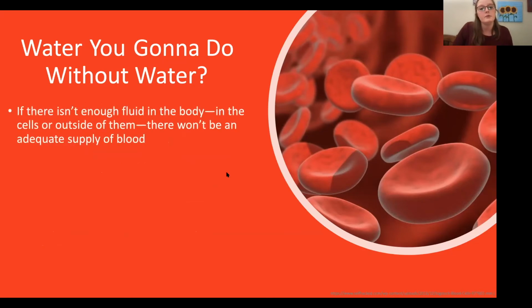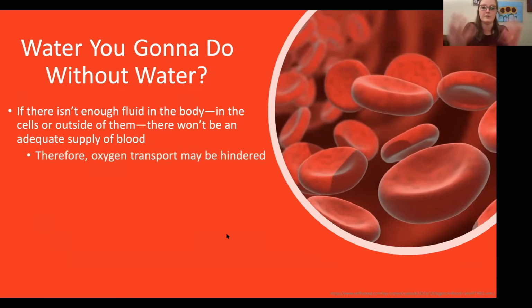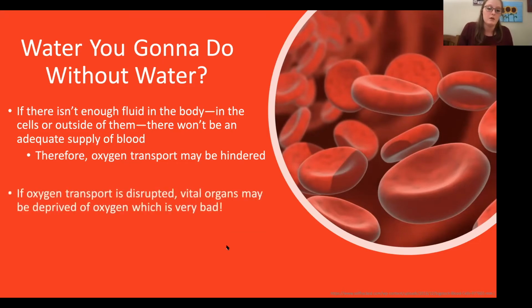So if there isn't enough fluid in the body or in the cells or outside of the cells, so in the red blood cells or in the extracellular fluid, there won't be an adequate supply of blood, because blood is made up of the fluid around the red blood cells and the red blood cells. And so, like I said, if that occurs, then you might not be able to carry oxygen to as many places as it needs to go. If oxygen transport is disrupted, then your vital organs may be deprived of oxygen.